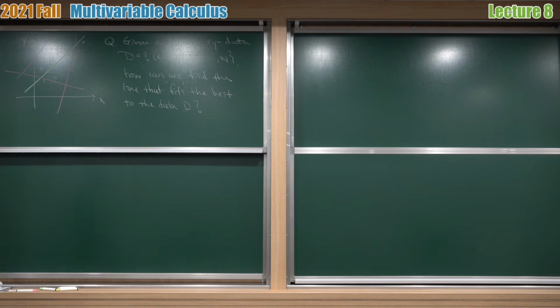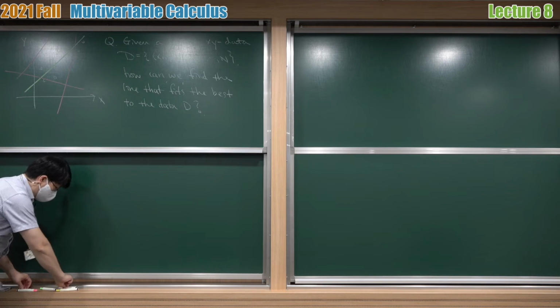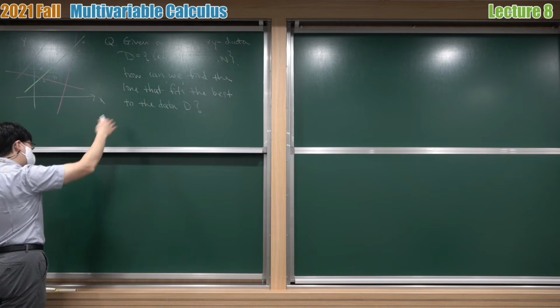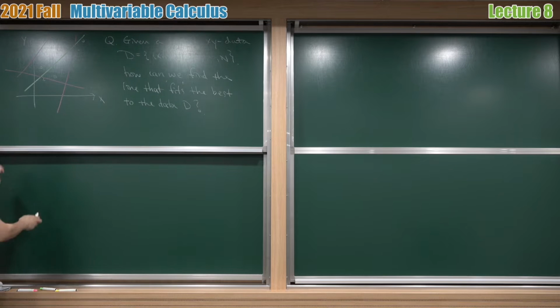Just saying "fits the best" doesn't solve anything. Even if you have an answer, you cannot check whether your answer is correct. So you have to define the scheme that can check your answer is correct.